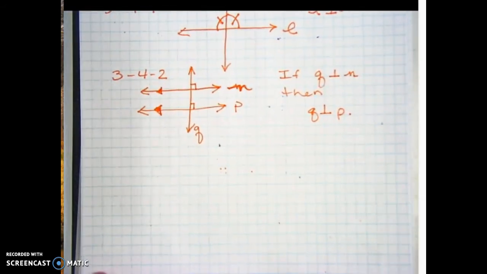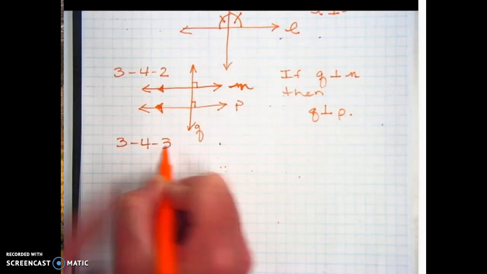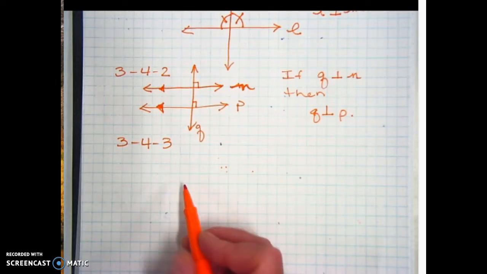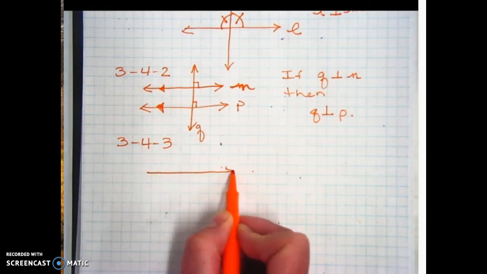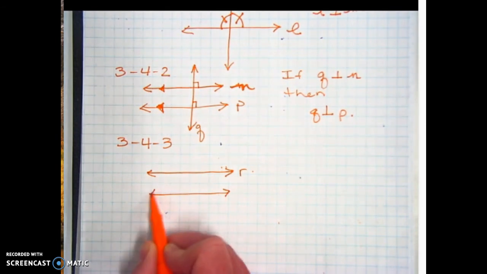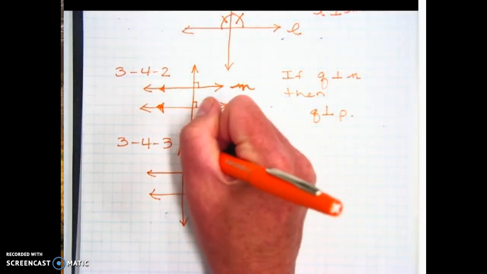The third theorem is 3-4-3. So Chapter 3, Section 4, third theorem, and it says this. If 2 coplanar lines are perpendicular to the same line, then the 2 lines are parallel to each other. All right, so we're going to draw 2 more lines. Line R, line S. Here's your third line.